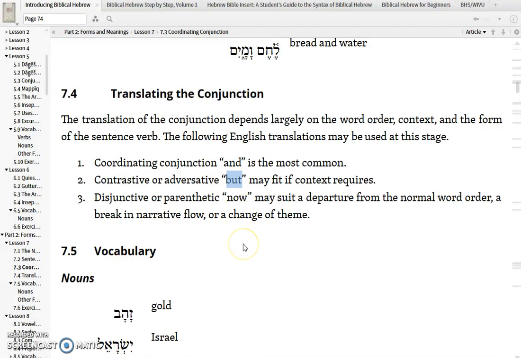It's a matter of context. But then there are other usages of the word. It can also mean now, or it can be basically disjunctive or parenthetic, especially if there's a departure from the normal word order. We'll get into that when we get into translating actual sentences.